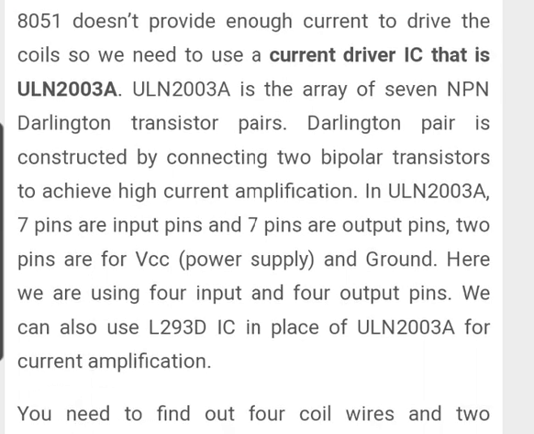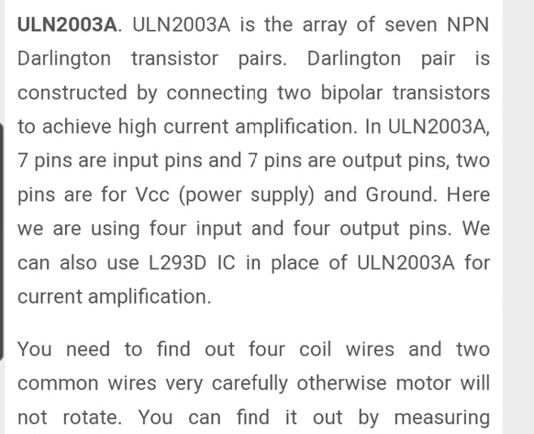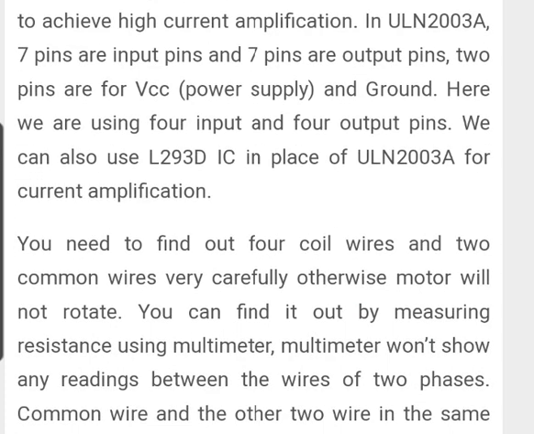In this IC, 7 pins are input pins, 7 pins are output pins, 1 is VCC and 1 is ground. So here we are using 4 input and 4 output pins.